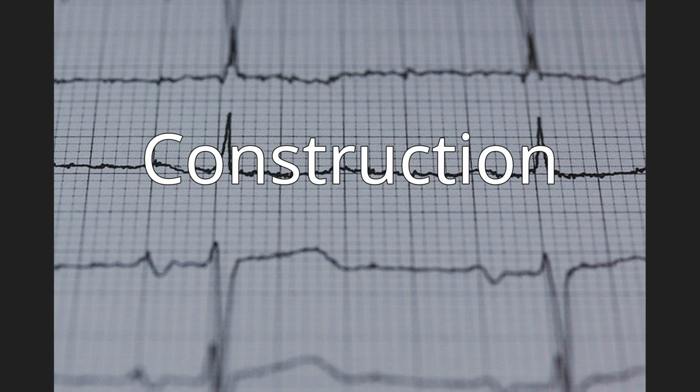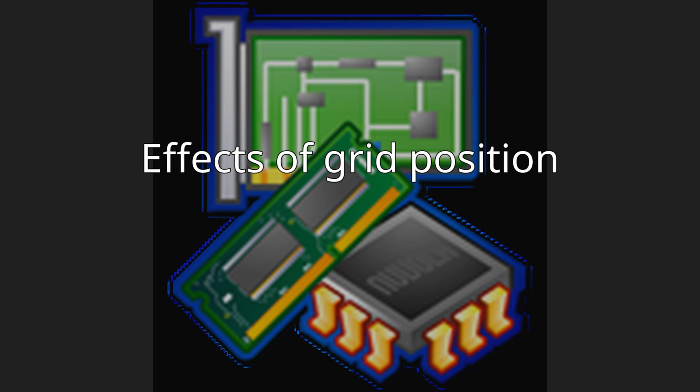A 1950s variation is the frame grid, which winds very fine wire onto a rigid stamped metal frame. This allows the holding of very close tolerances, so the grid can be placed closer to the filament or cathode. Effects of grid position. By placing the control grid closer to the filament/cathode relative to the anode, a greater amplification results.